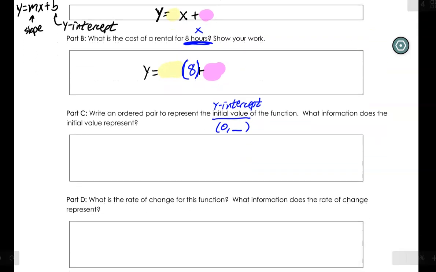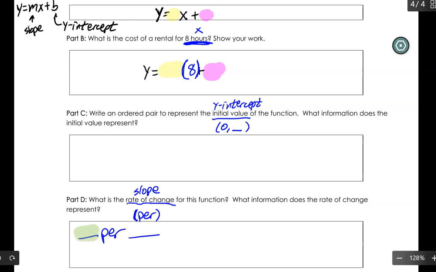And then finally, part D, we are looking for the rate of change. Rate of change, earlier I said, is slope. And we are looking for a keyword, and that word is per. Now make sure you give me the number that comes before that per. That number is the rate of change. So it's blank per blank.